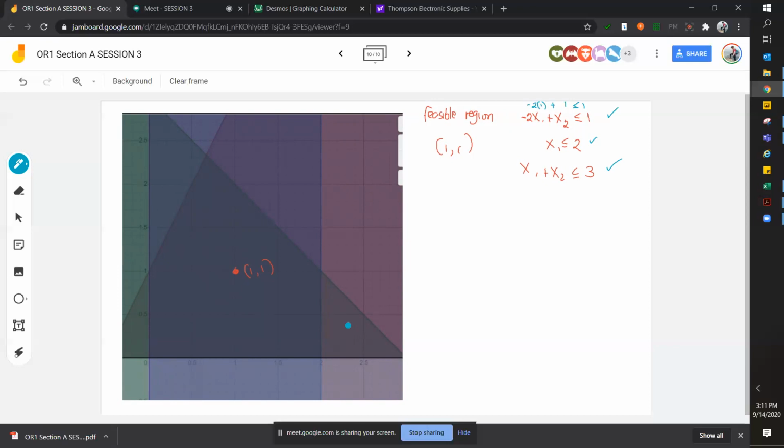Agree? So, lahat ng points na nasa feasible region, ito yung feasible region natin. Sorry ha, pangit ang drawing ko. Ayan, parang intersection ng mga shaded area. Lahat ng points na nandyan sa shaded area na yan is a feasible solution.